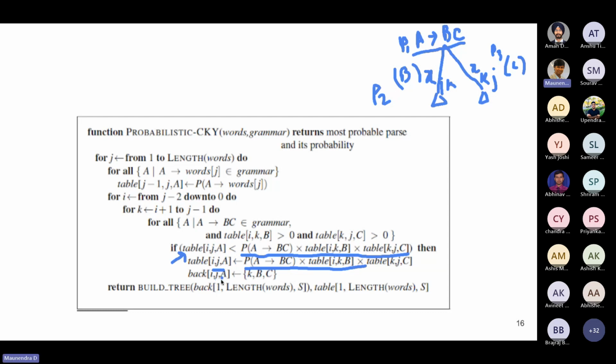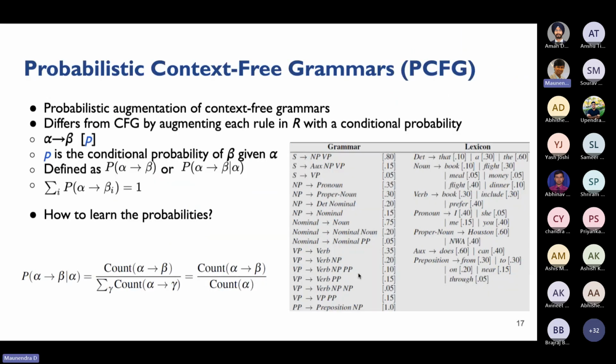For ij, A was the rule, the constituents were B and C, and it was split at Q. If the probability of the current parse is more than the probability of the existing parse at this cell, we replace. Otherwise, we continue with the previous one. So this way, the algorithm with minor modification can be used.